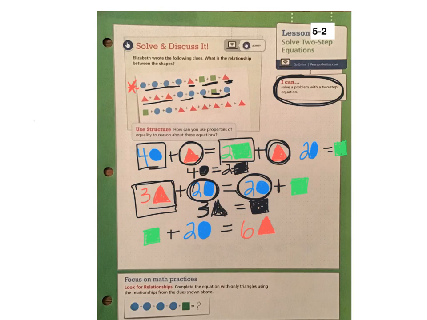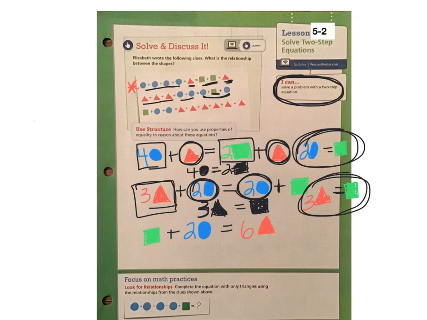All right, so 3 triangles is the same, and those triangles are red. So let's do that over here. So we've got a red triangle, and there are 3 of them, and that's going to be equal to a green square. Now what I want you to notice before you move on is these 2 relationships here that we just got from those first 2 equations.